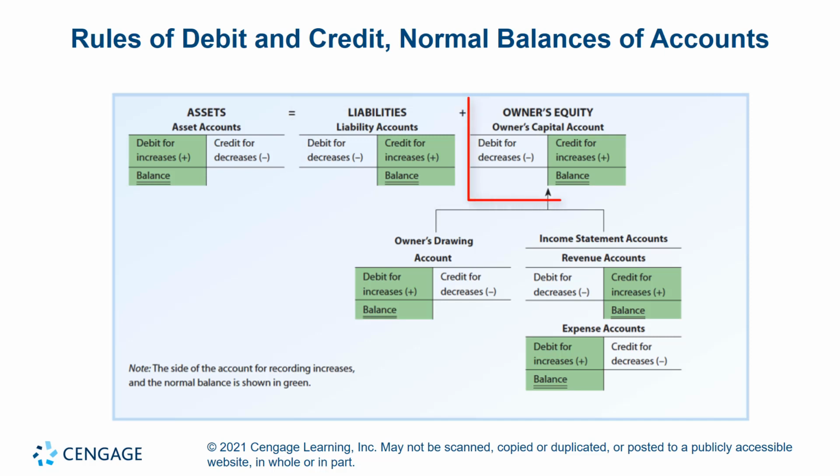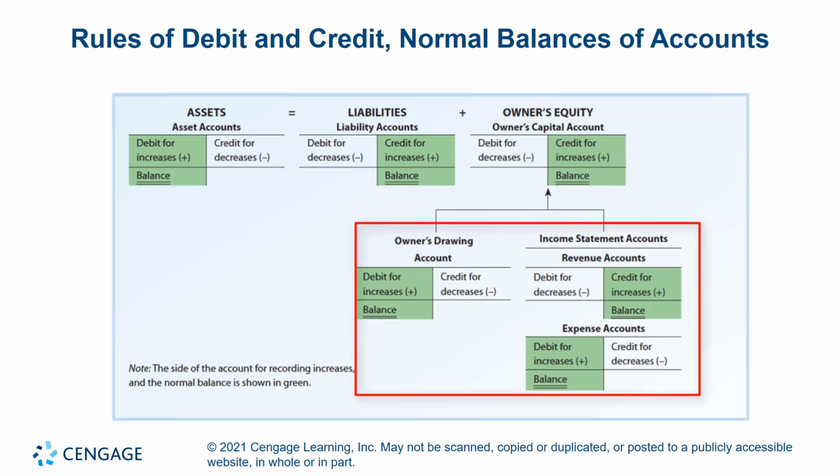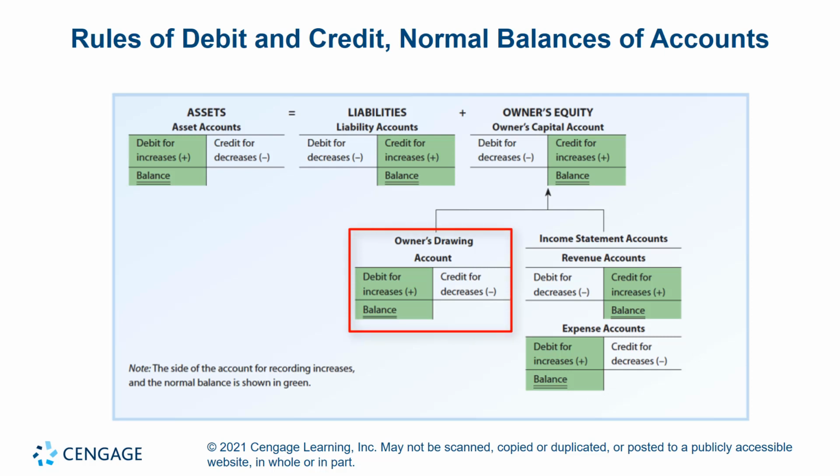Owner's equity, in total, we would see the increase on the credit side and the decrease on the debit side. However, for the owner's equity accounts, we need to examine each individual account and record it accordingly. For example, owner's drawn account, the increase is on the debit side and the decrease on the credit side. Capital is opposite of drawn, so the increase is on the credit side and the decrease on the debit side.